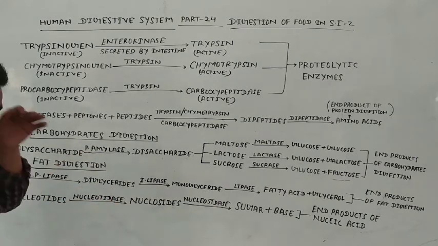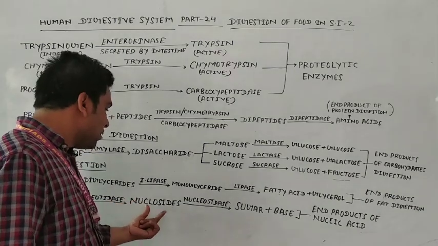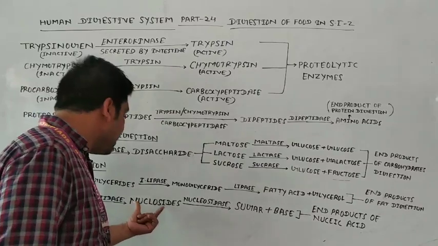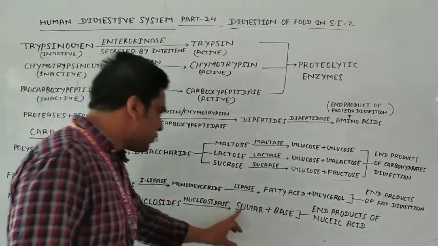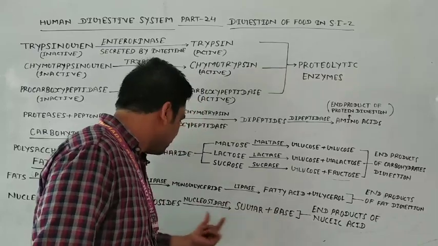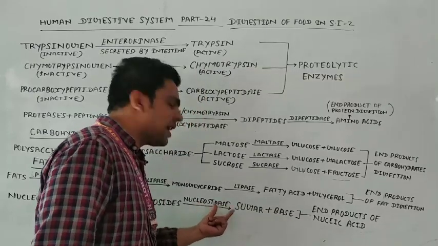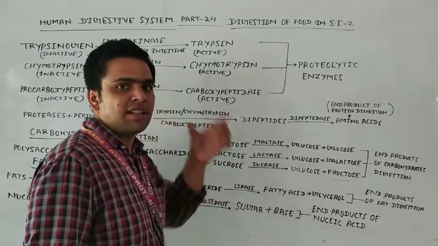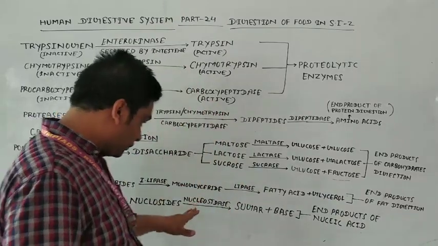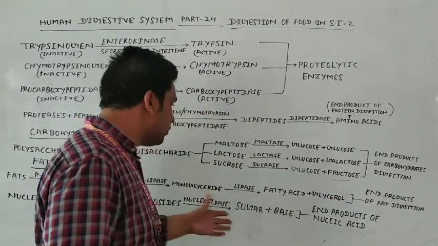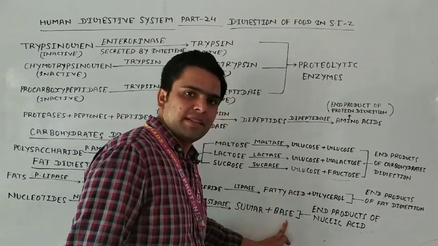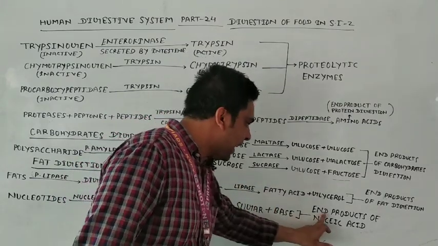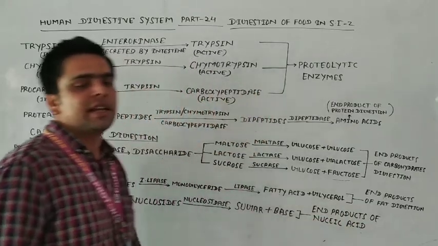Remember, students, these are not the end products of nucleic acids. Nucleosides are further converted into sugar plus base in the presence of the nucleosidase enzyme, found in the intestines. So they are converted into the simplest form, known as sugar plus base. Clear, students? This is the end product of our nucleic acids.